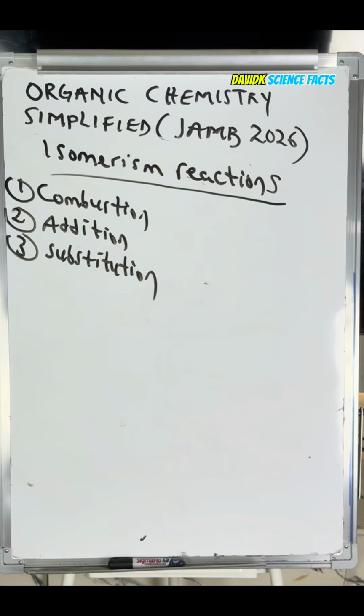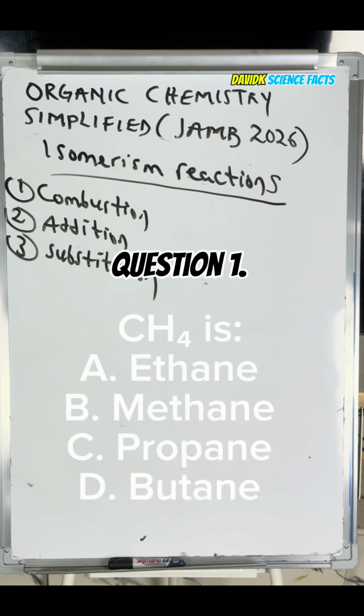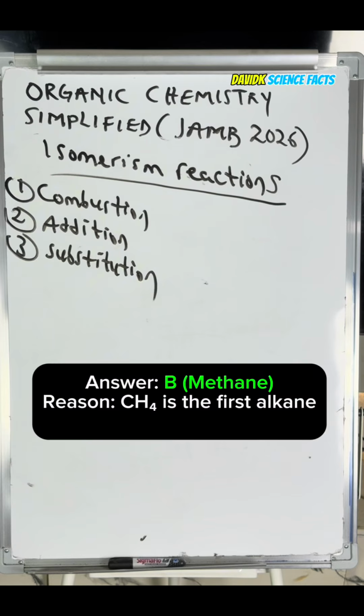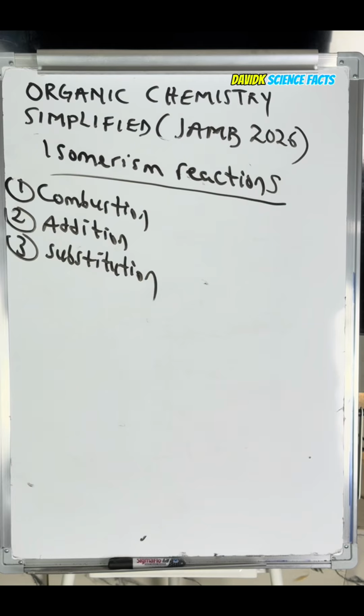Question 1 is, CH4 is option A ethane, B methane, C propane, D butane. Are you still thinking? The answer is methane. Why? Because CH4 is the first alkane.